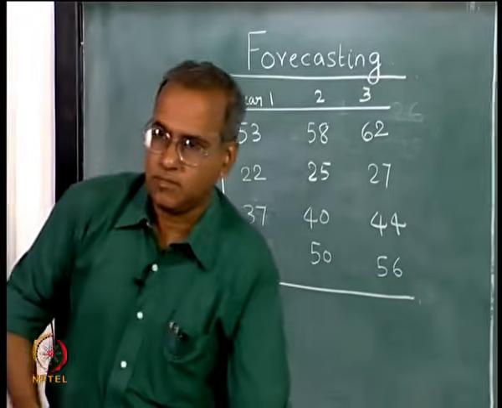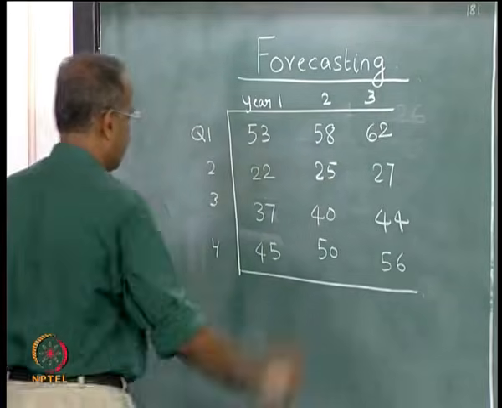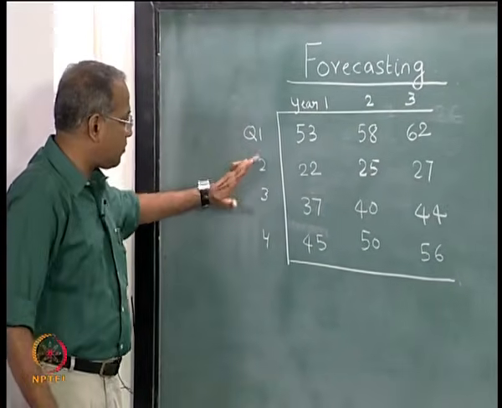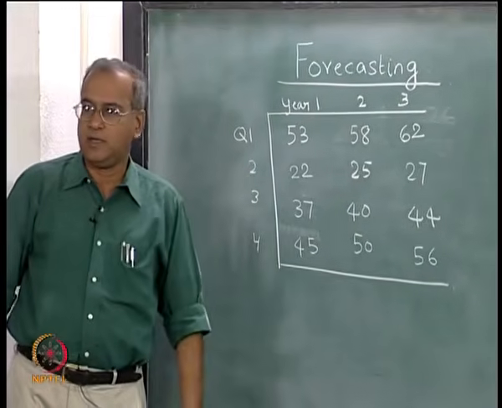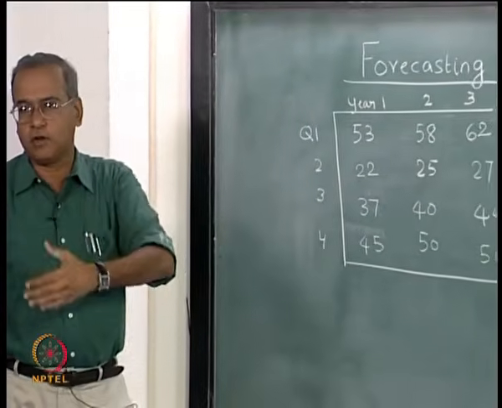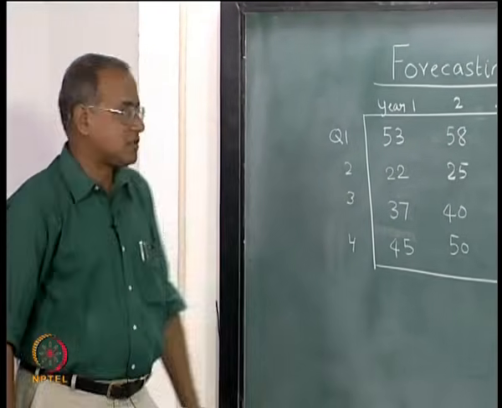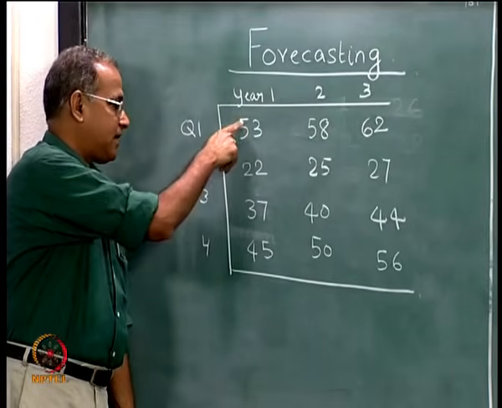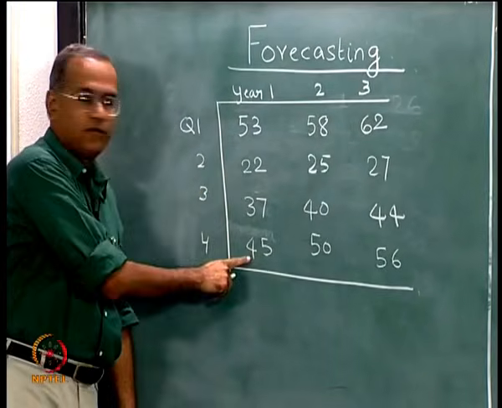So, let us assume that we are looking at this kind of data where the year is divided into 4 quarters and the data is given for each quarter for the 3 years. If we take year 1, the quarterly data are 53, 22, 37 and 45.